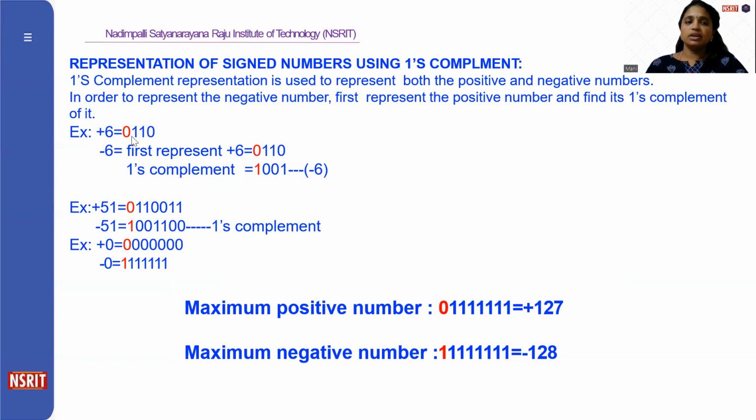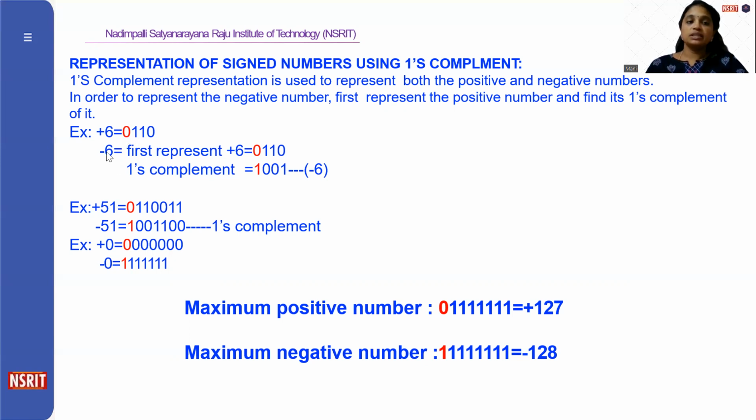Here we are not taking any 8-bit number, we just write 6. So here 6 is 1, 1, 0. So add a sign bit after this MSB. The sign bit will become the MSB. Here 6 is a positive 6, so the sign bit equals 0.